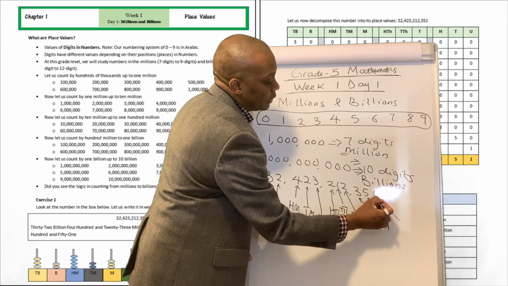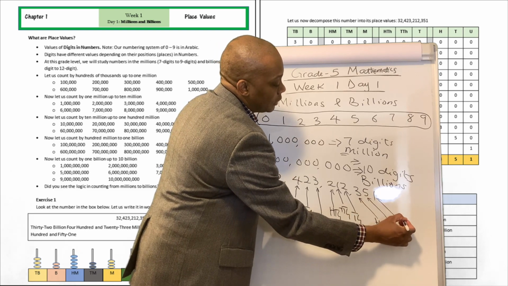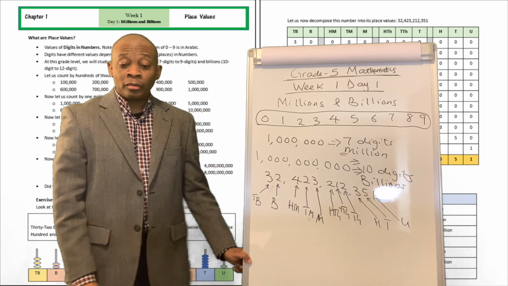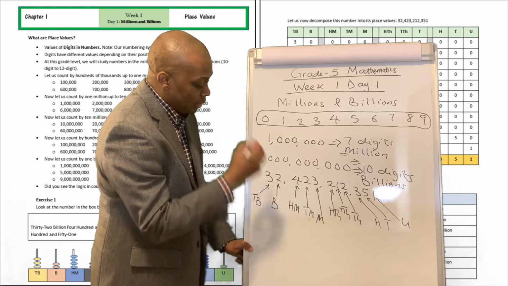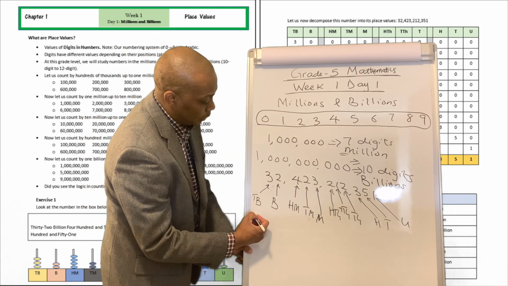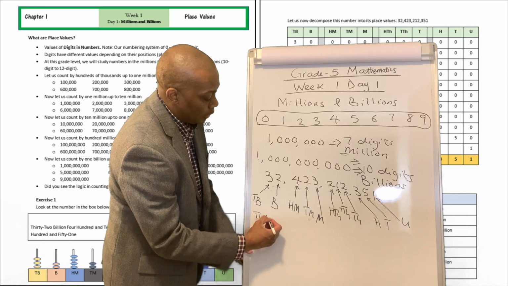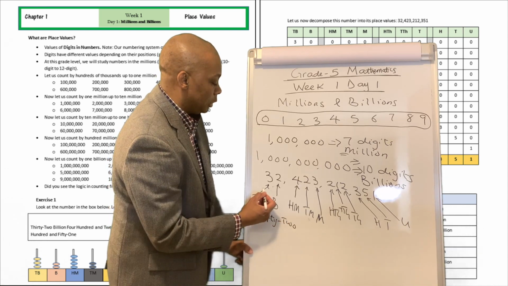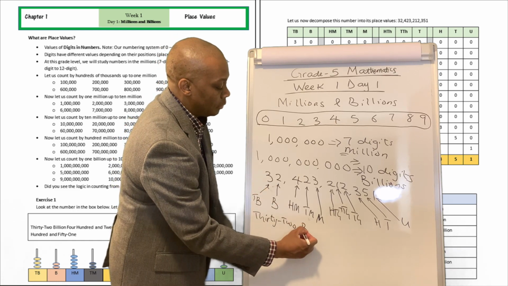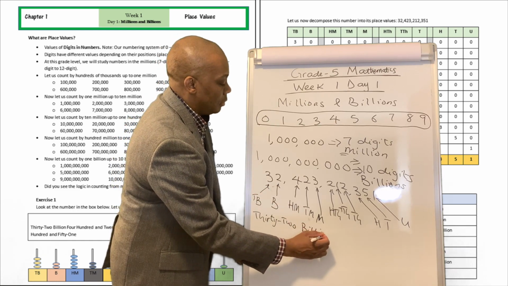And this is going to be in the units category. So how do we write it out in words? We're going to say this is going to be equivalent to 32 billion.